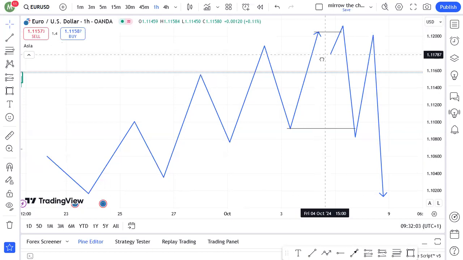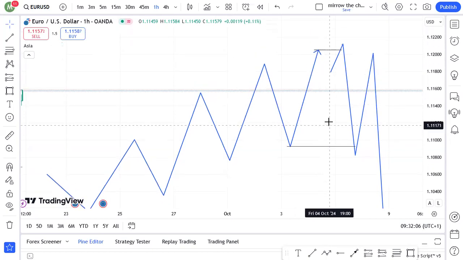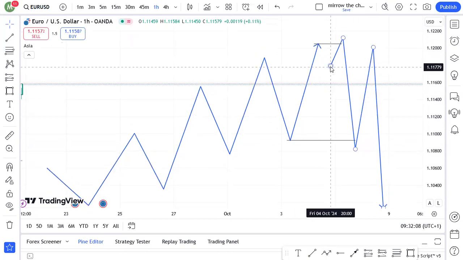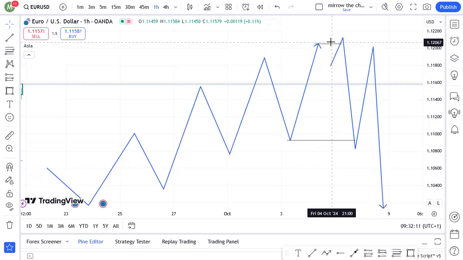Now we came around on Monday. Price opened here on Monday, traded above the Friday high and grabbed that Friday high liquidity. In my previous video, I talked about liquidity and price action, so you can go there and watch it.